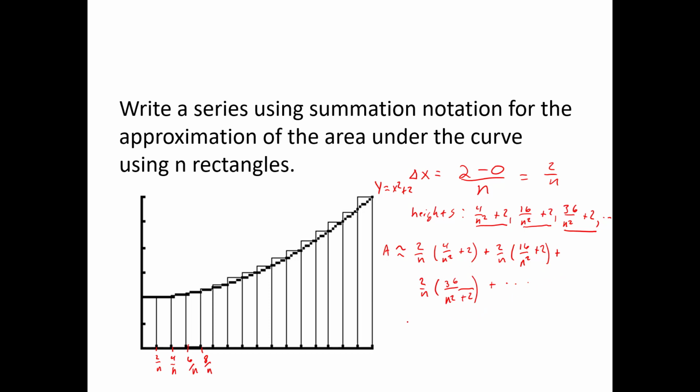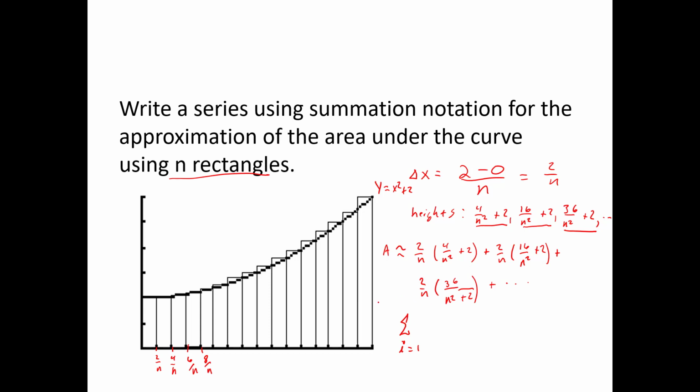So now let's write this in summation notation. In summation notation, this is the summation from i equals 1, and we have n rectangles, because that's what it says, using n rectangles.